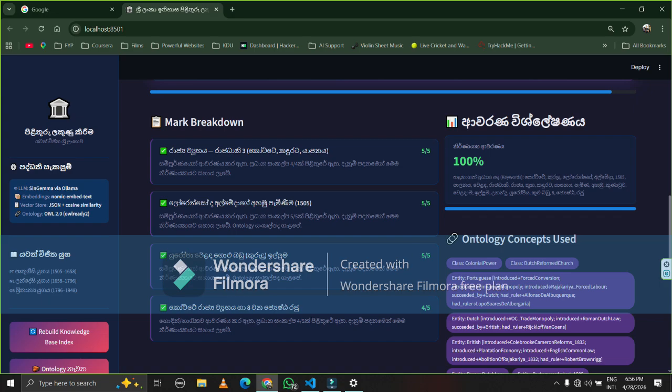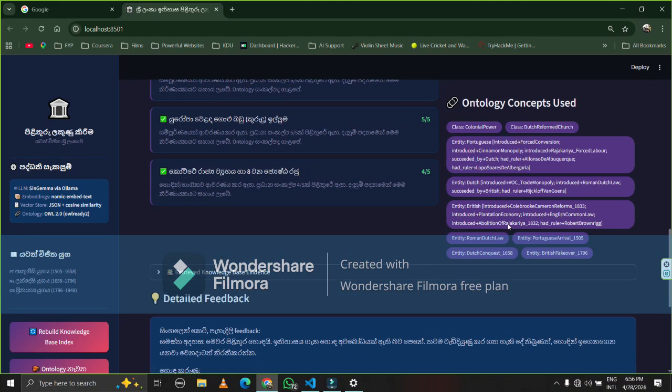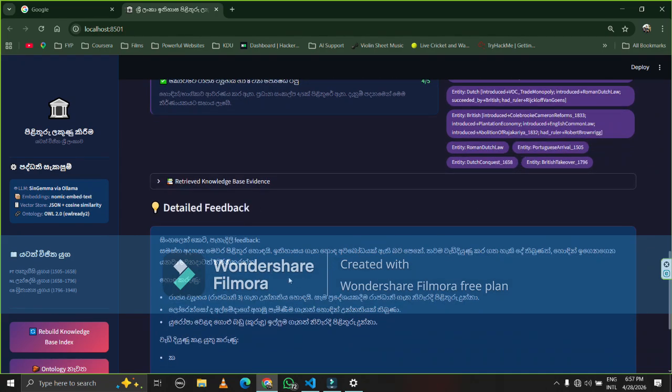And here you can see how many of the keywords have been covered. All the main keywords have been covered, so it shows 100% of the keywords related to this question. And here you can see the ontology concepts used, and here is a detailed feedback.